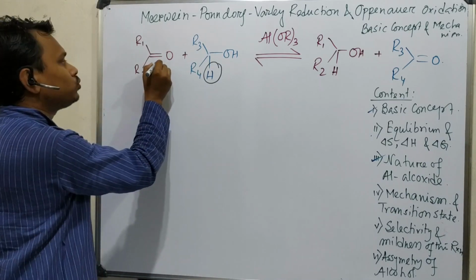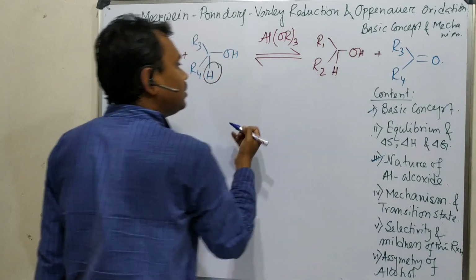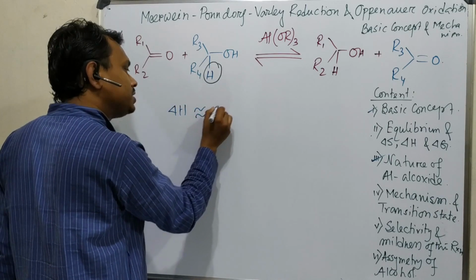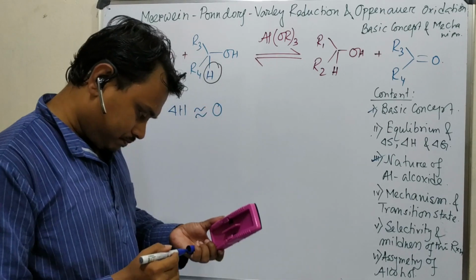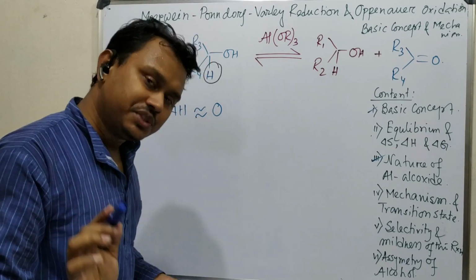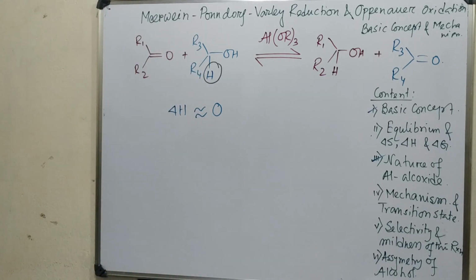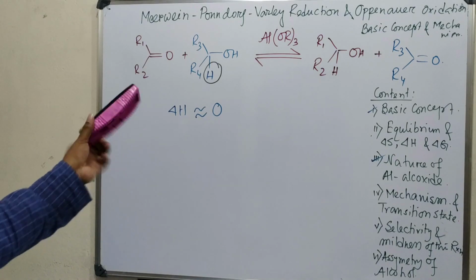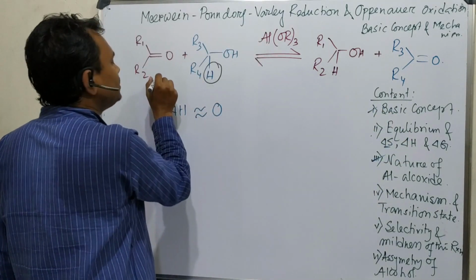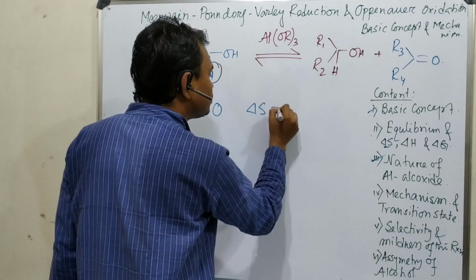See, here one carbonyl and one alcohol are reduced and oxidized to give one alcohol and one carbonyl. So for delta H, if we see the bond enthalpy, it is almost equal to 0. Why am I saying almost? Because depending on the substitution, a very minute change is sometimes possible, but the major contribution is coming from the bonds which we can control here. Second, if we think about delta S, one and one produce one and one, so delta S is also 0.